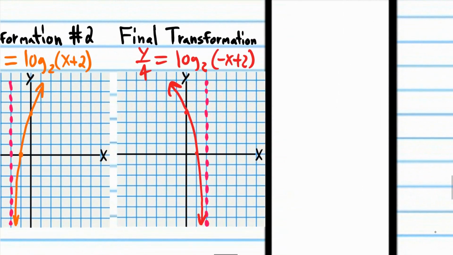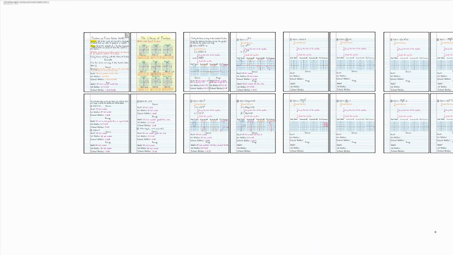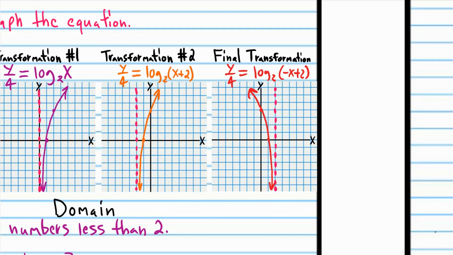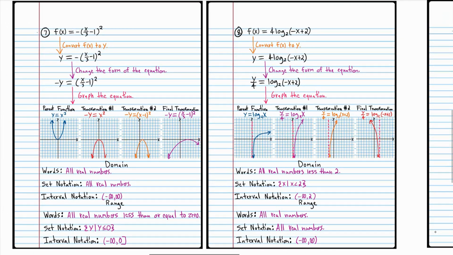All right, so what about the range? The range is all the y values of the points on the graph, and you can see that the graph goes up indefinitely and down indefinitely, so y can be pretty much anything. It can even be 0. So the range, all the possible y values of the points on that graph, is all real numbers. So if you got that one right, good.